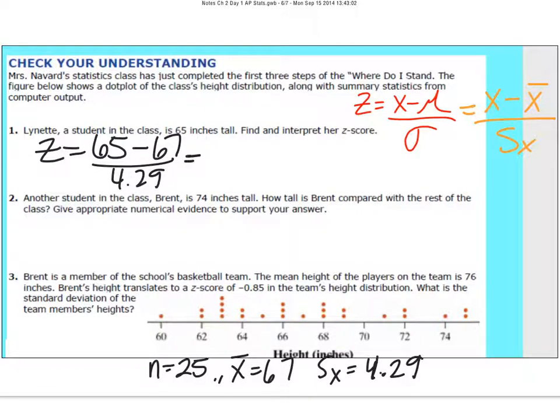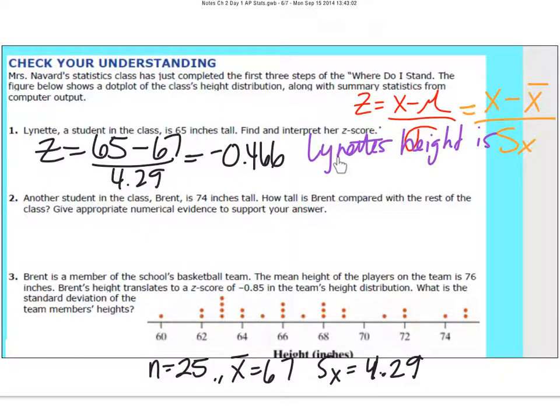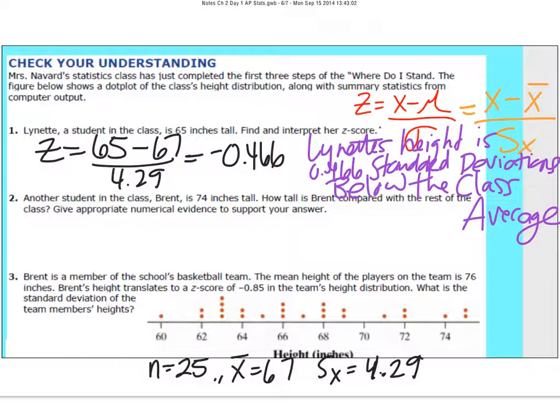And we're going to get a negative 0.466 as your z-score. Now to interpret that, what it would mean is that, by definition, Lynette's height is 0.466 standard deviations below the class average. So that by definition is what a z-score implies in this particular case.